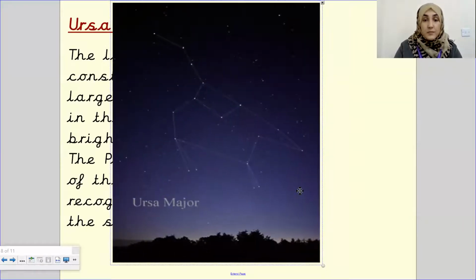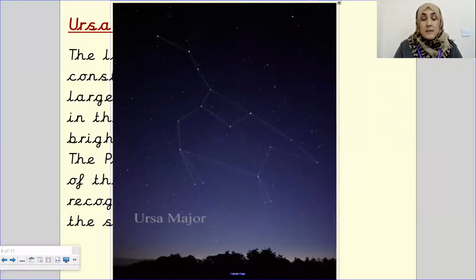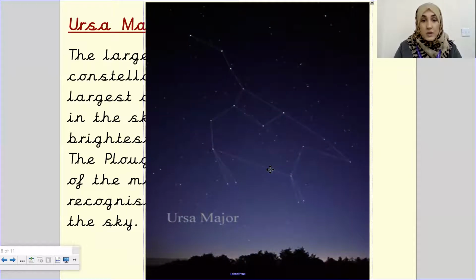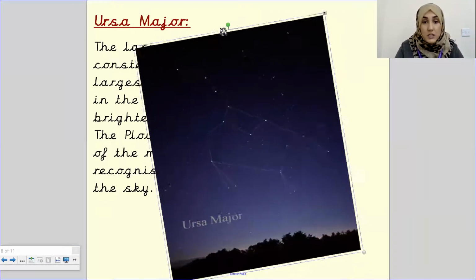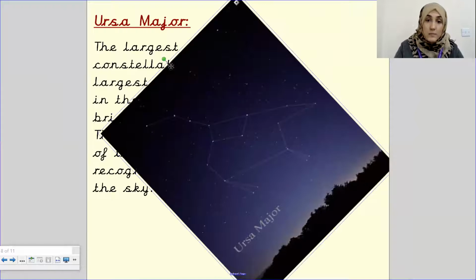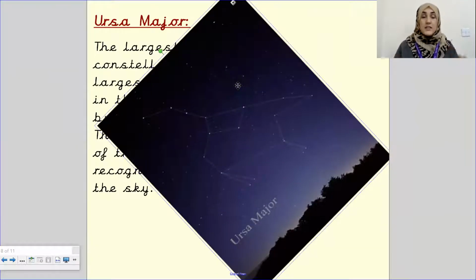In America, they call this the Big Dipper, but in the UK we call it the Plough. If I turn this around, maybe you can see a little better. In the past, farmers used a special tool, a bit like a wheelbarrow, and it was called the Plough.